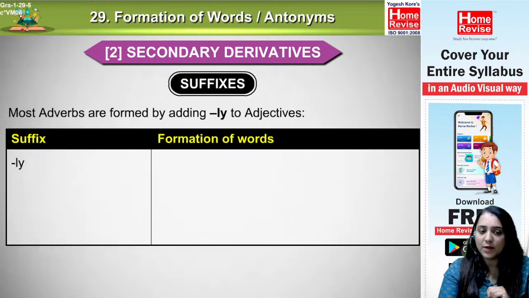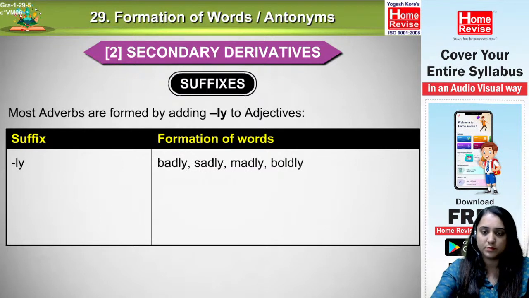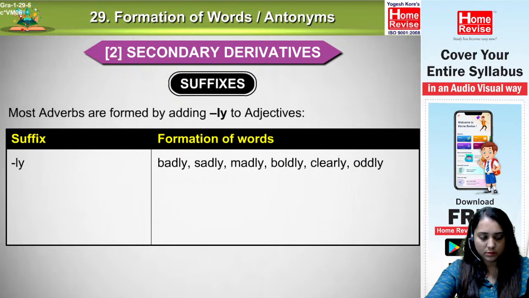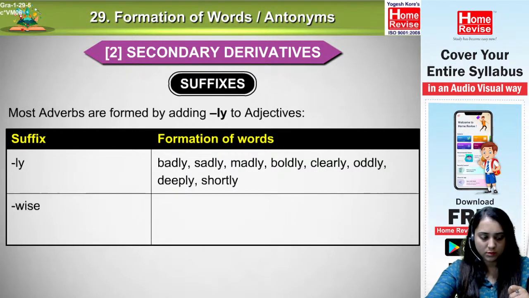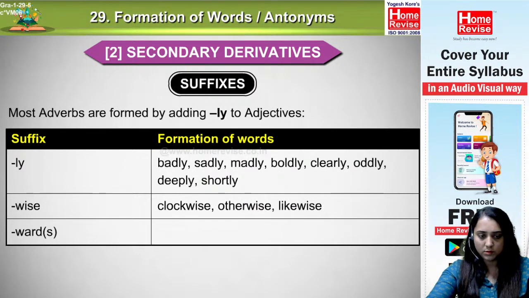Just by adding LY we get badly, sadly, boldly, clearly, oddly, deeply, shortly. WISE: clockwise, otherwise, likewise. WARDS: backwards.